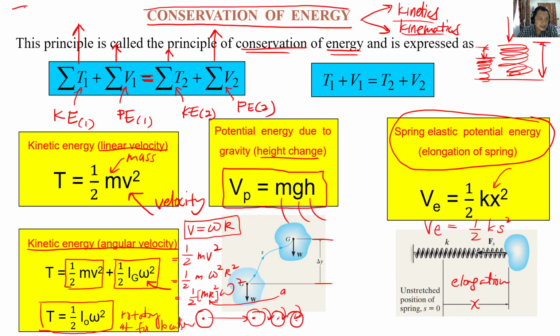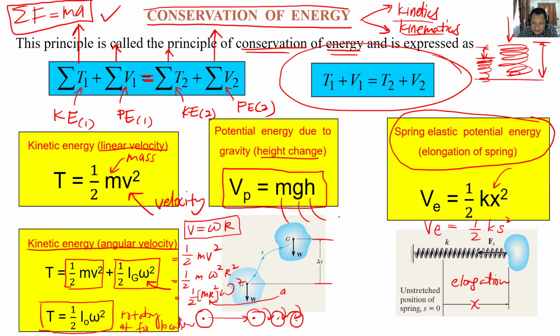We are not leaving the formula summation of F equals ma. No, this formula works. This is an alternative. Sometimes you can solve even complex problems easily using conservation of energy.